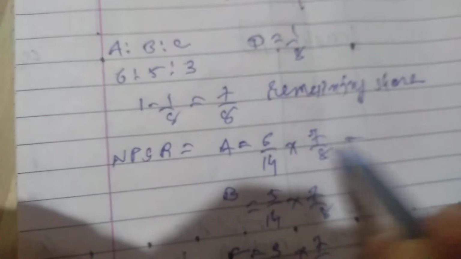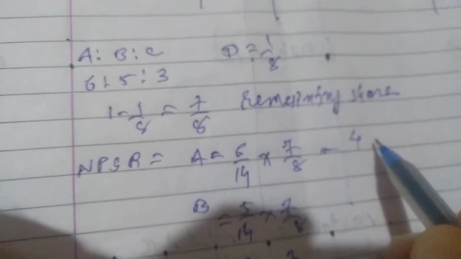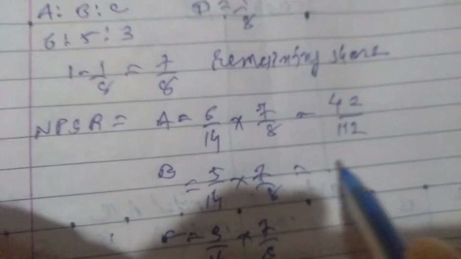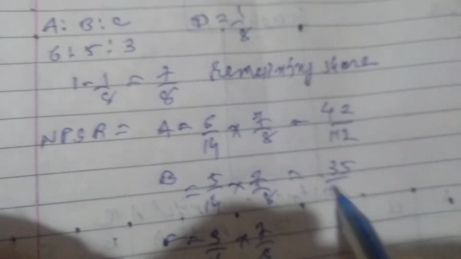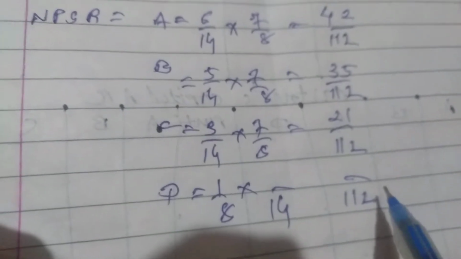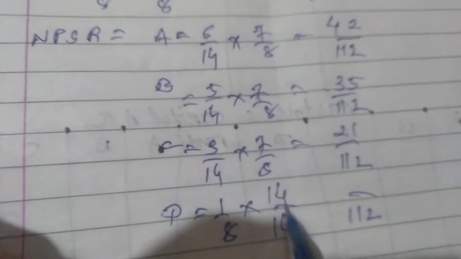So here 6 7s are 42 upon 14 8s are 112. 5 7s are 35 upon 112. 3 7s are 21 upon 112. And for making the denominator 112 for D, it should be multiplied by 14. 14 8s are 112. So here also 14.